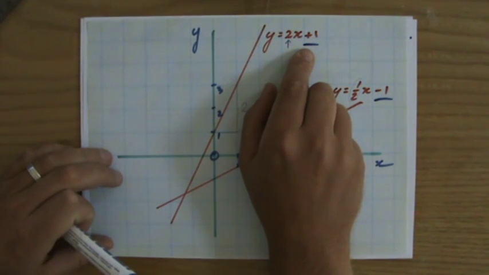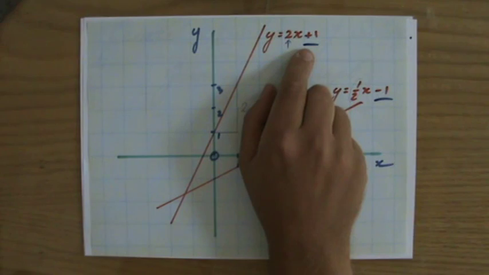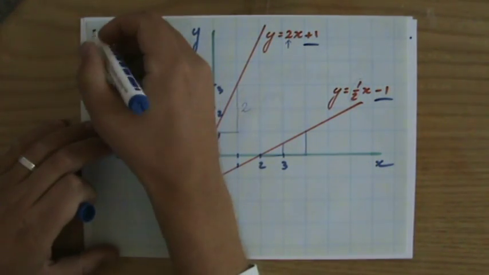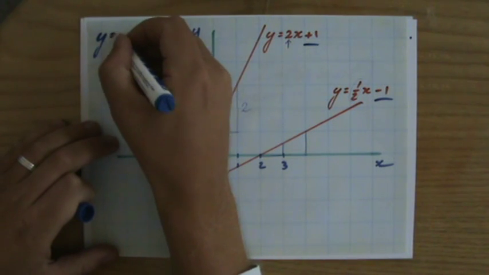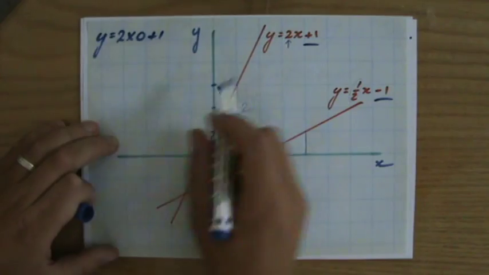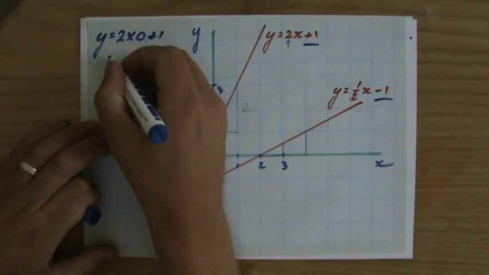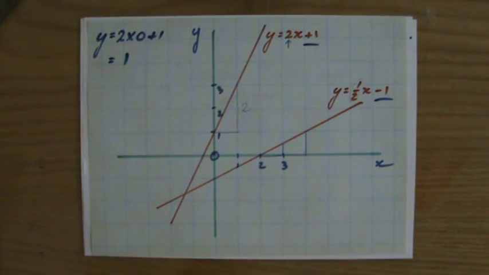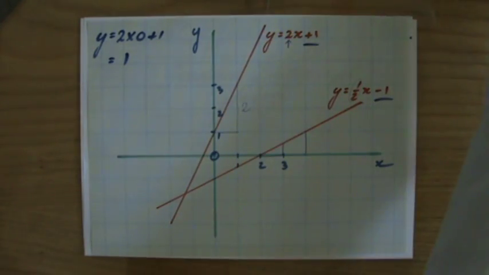Now if I evaluate for when x is 0, y equals 2 times 0 plus 1 for this particular case. Then y is 2 times 0, which is 0, plus 1, which is 1. So when x is 0, y is 1.